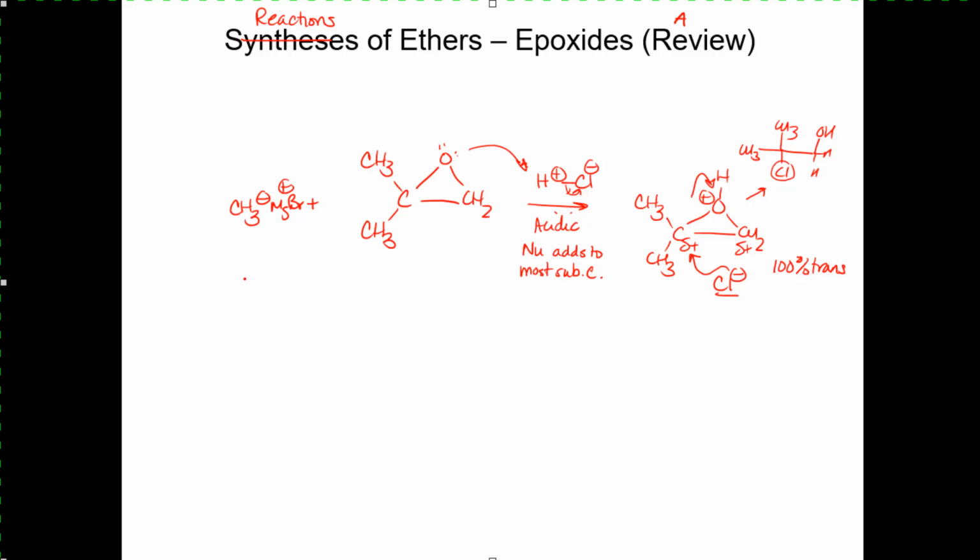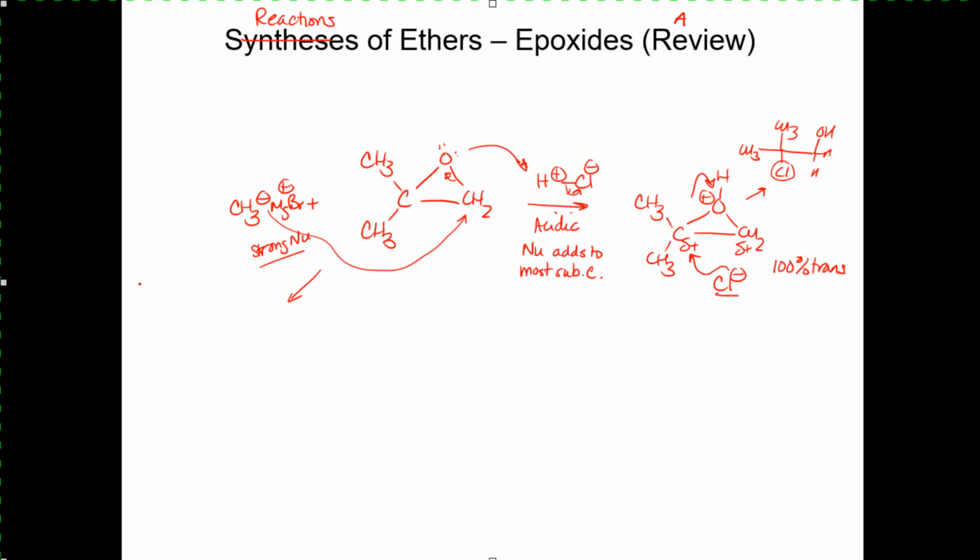What's going to happen? Well, this is what I call strong nucleophile ring opening. And what's the CH3 minus going to do? The CH3 minus group is now going to attack the carbon that is least substituted. And then the oxygen's going to swing over to the left.